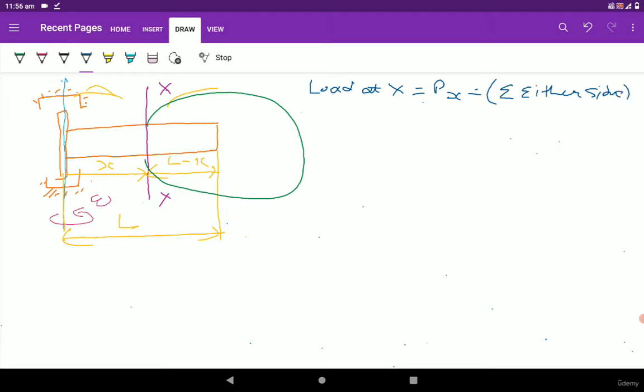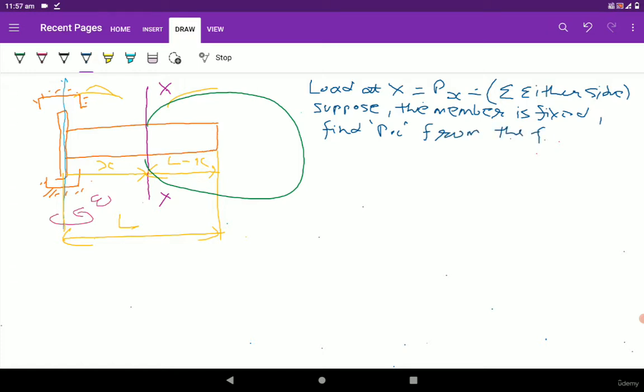Suppose the member is fixed. We have to find Px from the free side. So we know that Fx is equal to m r omega square.